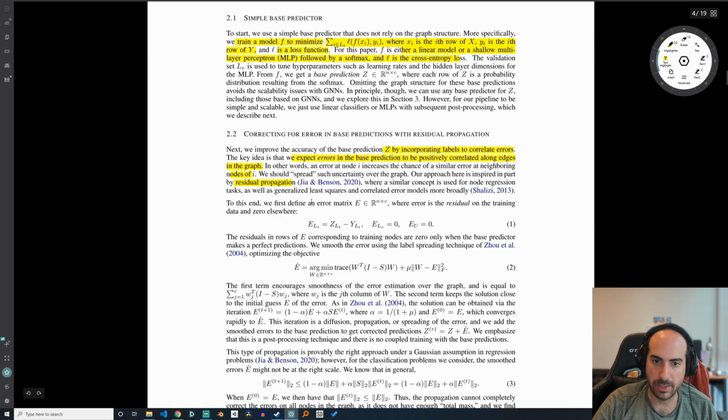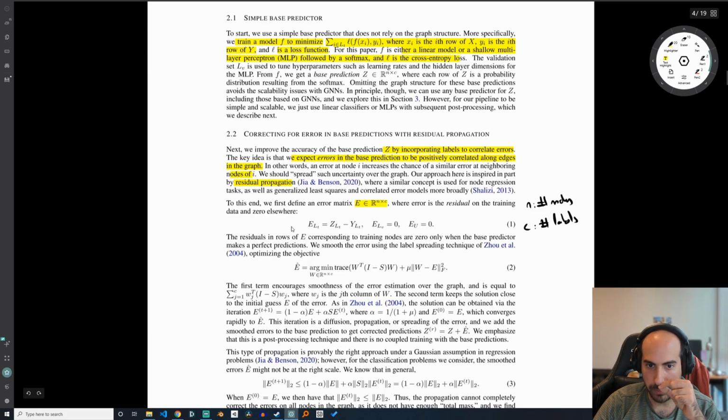Okay, so we define an error matrix, n times c, which is the residual error on the training data and zero elsewhere. Oh, I see. So it's a residual error per node per label, right? Remember, n is the number of nodes, and c is the number of labels.